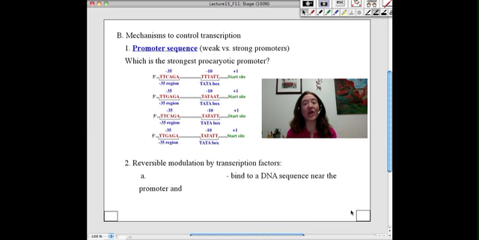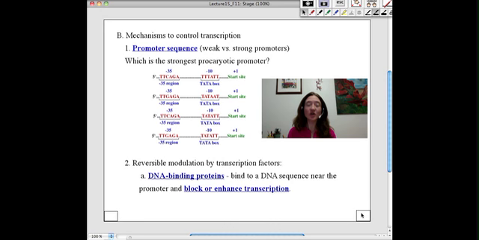So this is what we call modulation by DNA binding proteins. Modulation meaning either repression or activation of expression of those genes. So this is way number 2 in which genes can be regulated, by DNA binding proteins that either do one of 2 things. They either block, that is repress, or they enhance, that is to activate.